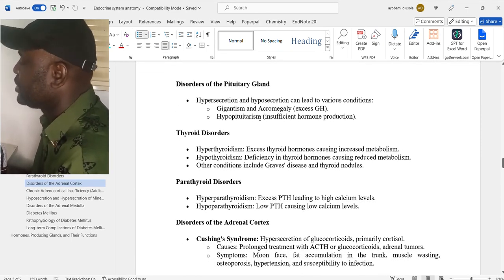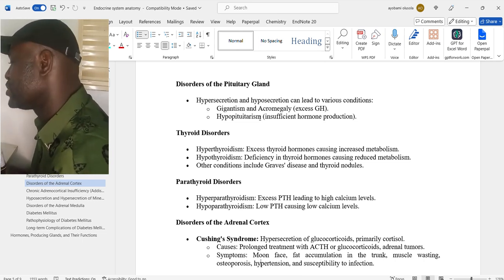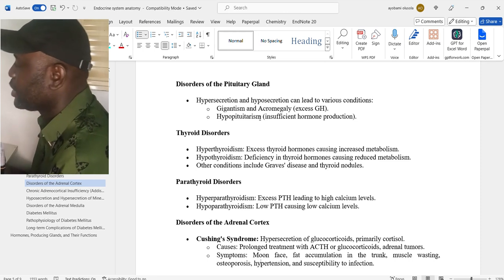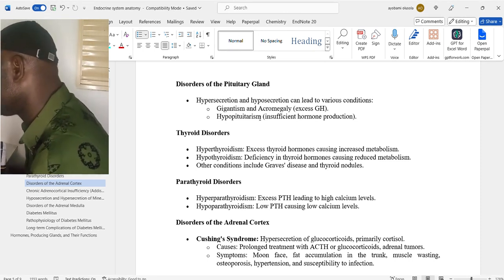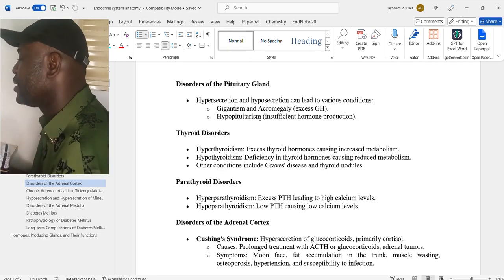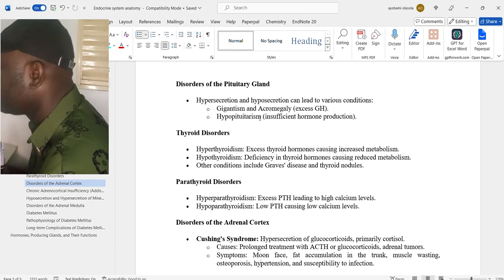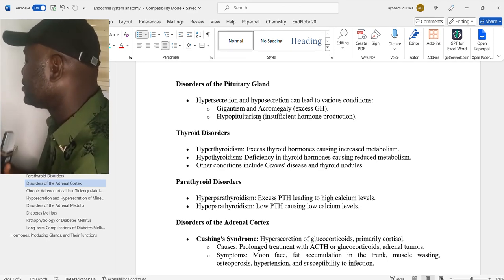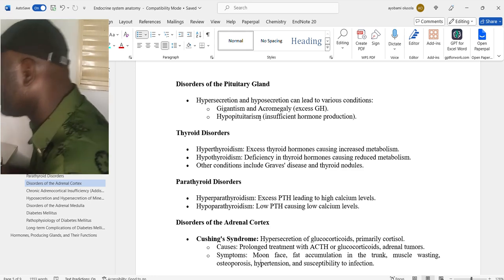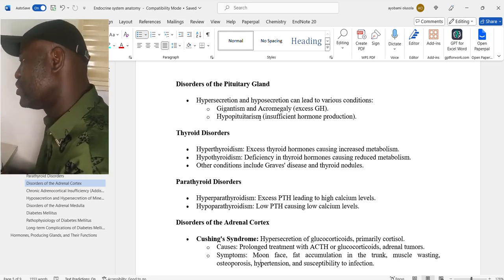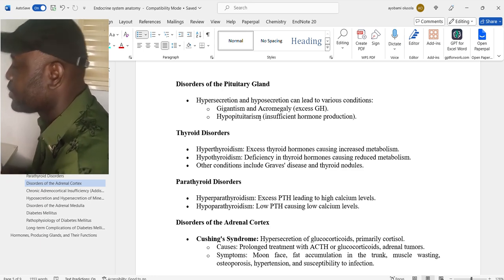So, still on the disorders of the hormones, let's consider growth hormone. What happens when growth hormone is in excess? Hypersecretion. And what happens when it is low? Hyposecretion. With hypersecretion, we can have gigantism and acromegaly. These two conditions depict excess growth hormone production.